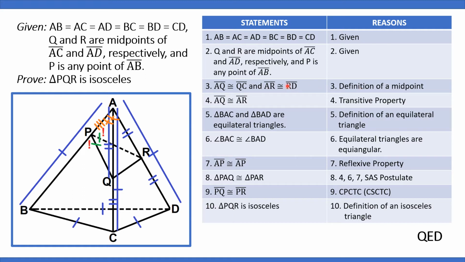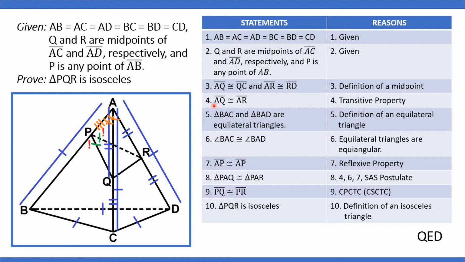Oh, by the way, in the previous statement, the notation uses the equal sign. So there is no notation for the line segment. So we can also use this notation here. So AQ is equal to QC and AR is equal to RD.